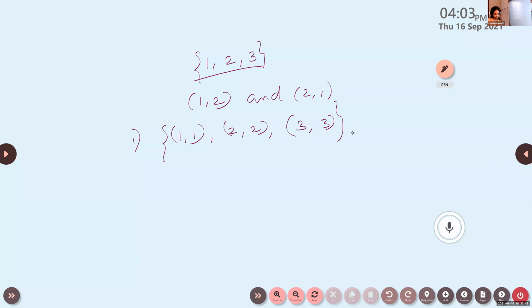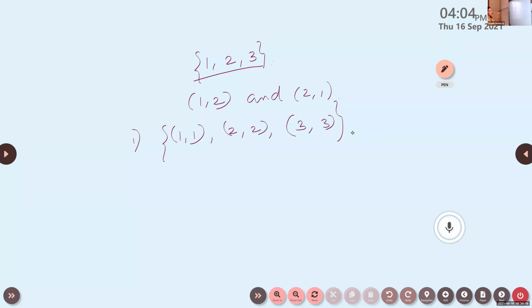Is it symmetric? If 2, 2 is there and you reverse it, 2, 2 is still there. What about transitivity? Yes, it is reflexive, symmetric, and transitive. So this is an equivalence relation.